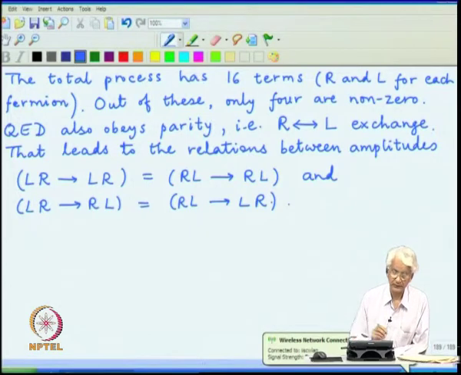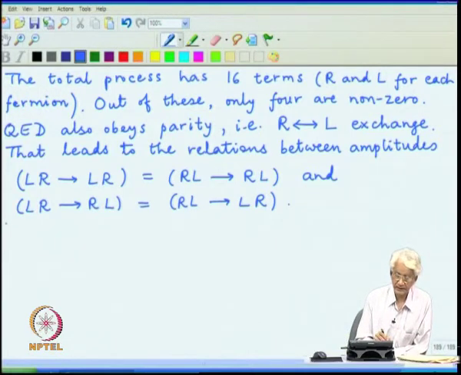Those are the 2 pieces which we will calculate explicitly by evaluating the traces, but now the traces will include the factors of 1 plus or minus gamma 5 exactly.